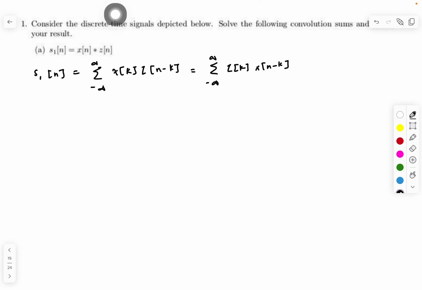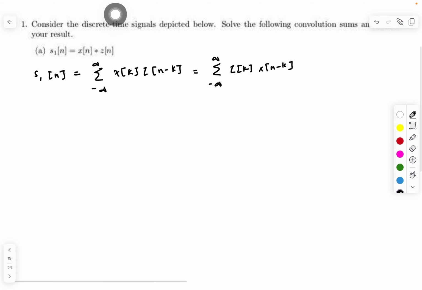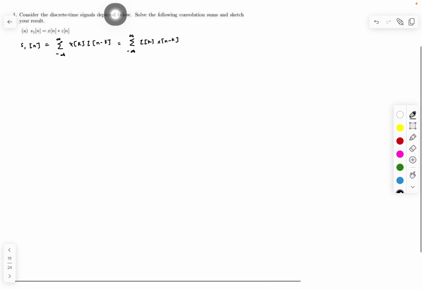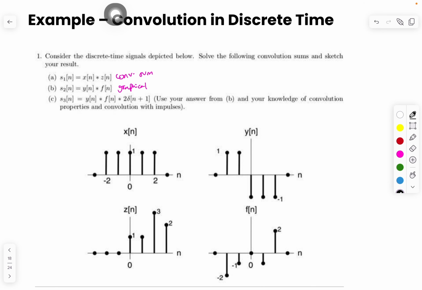So we can use whichever, but in this case we can fix any of the signals, either z or x. If we fix the signal x, k is going to be from minus 2 to 2 in the summation, and if we fix z, our range is going to be from 0 to 3.